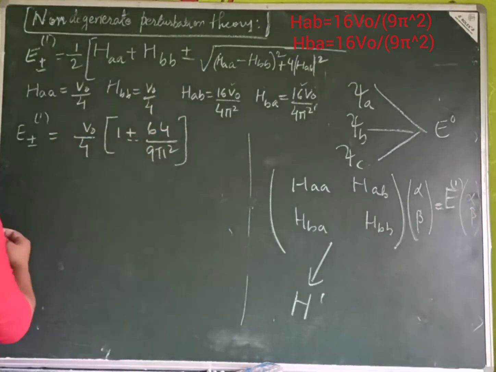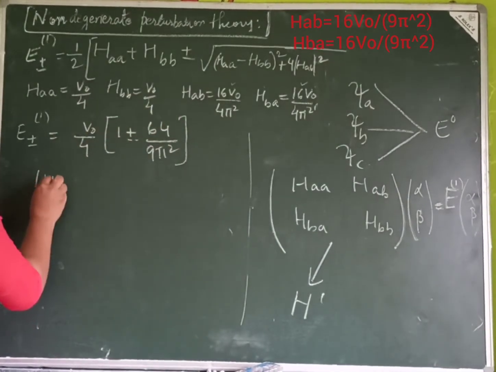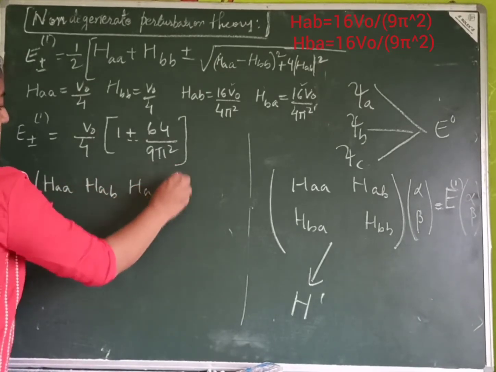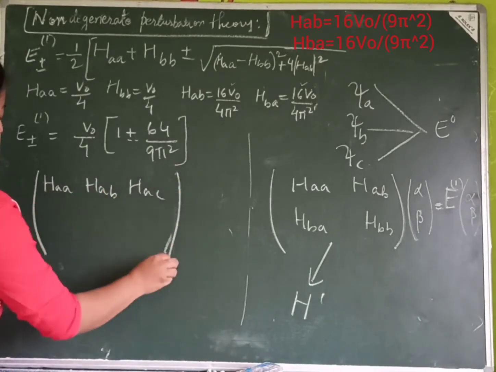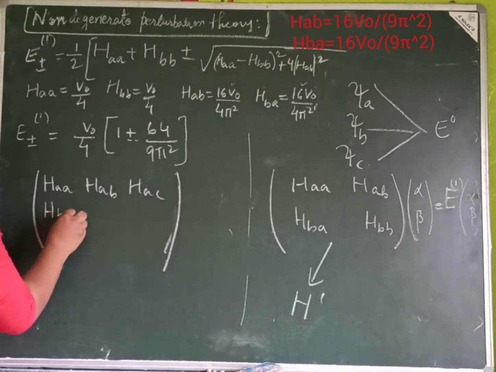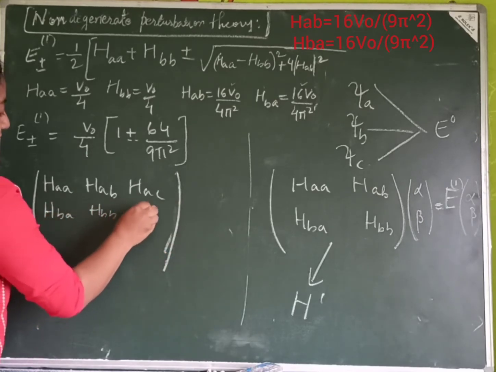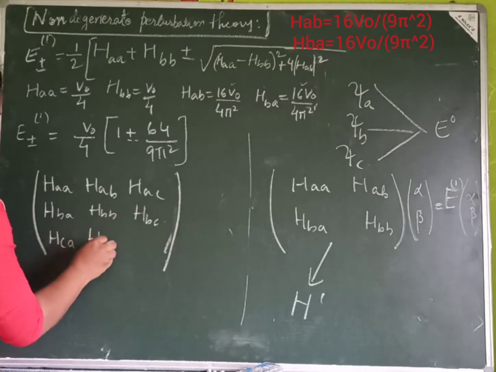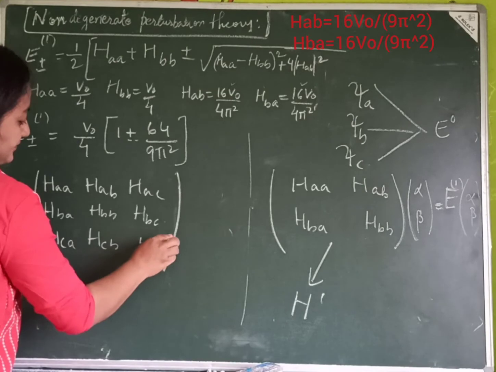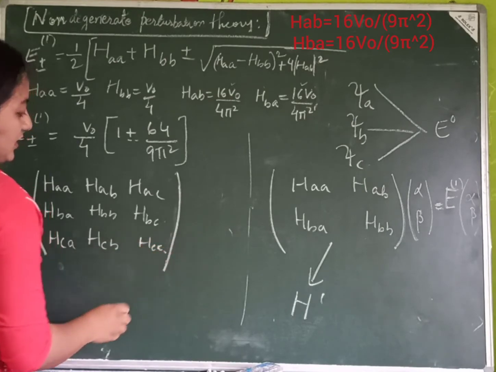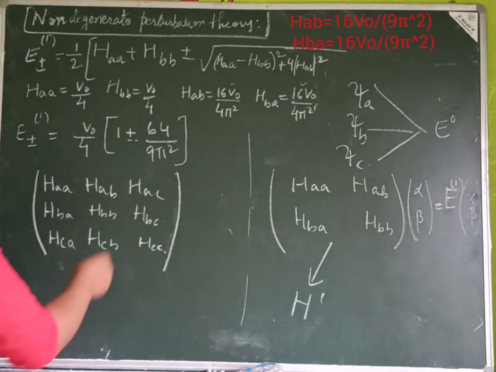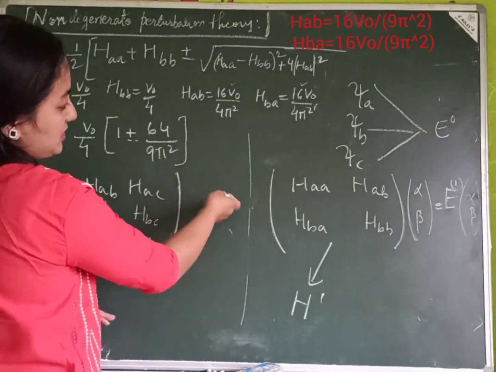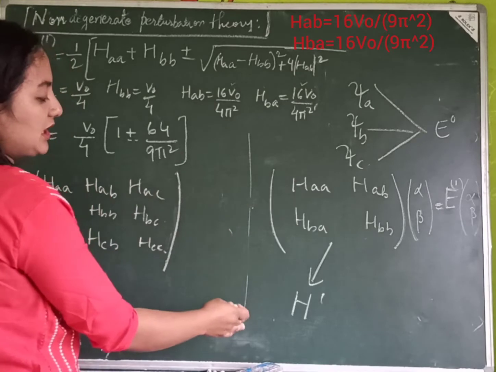In such cases, your matrix will look like this, with rows HAA, HAB, HAC, HBA, HBB, HBC, HCA and so on, acting on alpha beta gamma, equals E1 times alpha beta gamma.